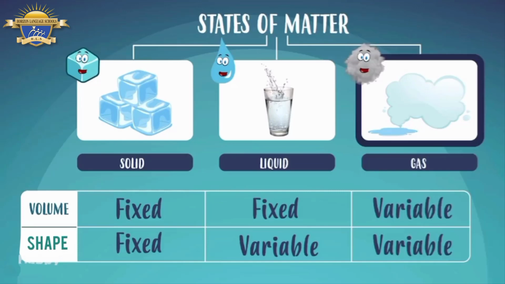And we can say variable means indefinite. Number 3, gaseous matter has variable or indefinite volume and indefinite shape. It takes the shape and the volume of the container and can be pressed.